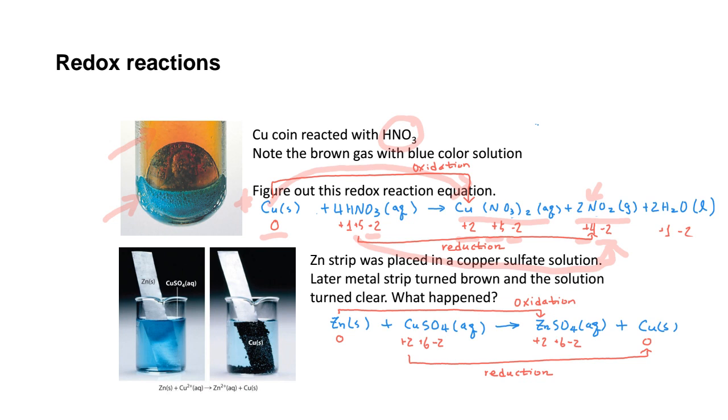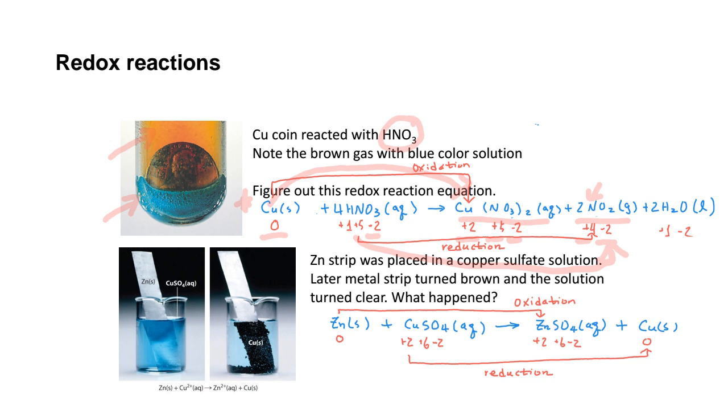Okay, now let's conduct the second experiment. First, you need to prepare a copper sulfate solution. Copper sulfate is an ionic compound, and it is very soluble in water. The solution shows a sky blue color. Then after that, you can place a zinc metal strip in the copper sulfate solution.